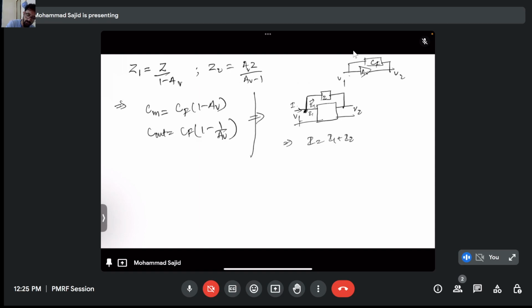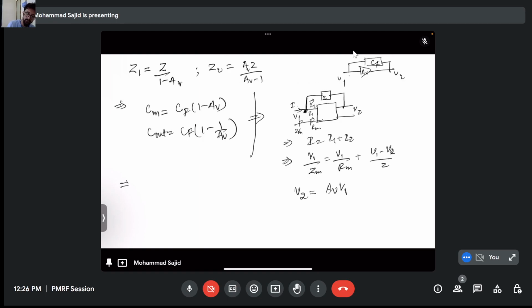Let's say total impedance is Z in, here it's R in, and here it is Z given to us. So I will be equivalent to V1 divided by Z in, I1 is simply V1 divided by R in, plus I2 is V1 minus V2 by Z. And we know V2 is equivalent to the amplified signal of V1.